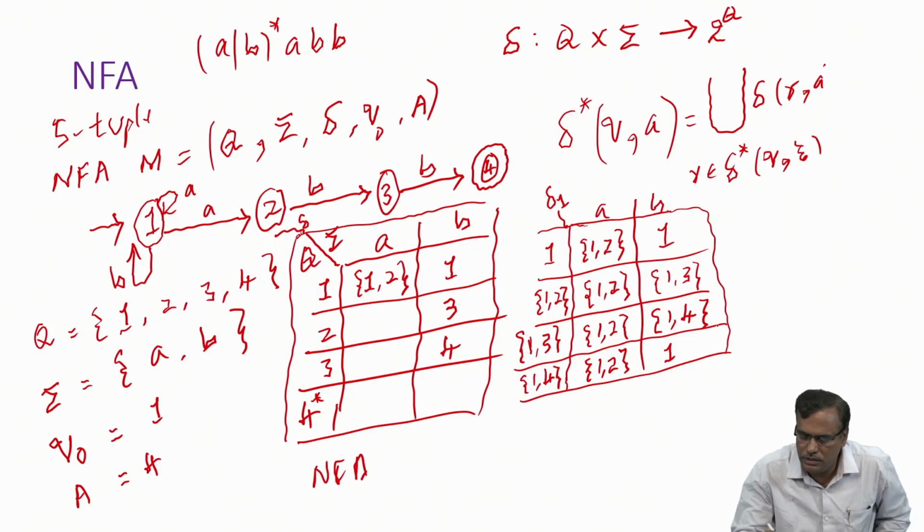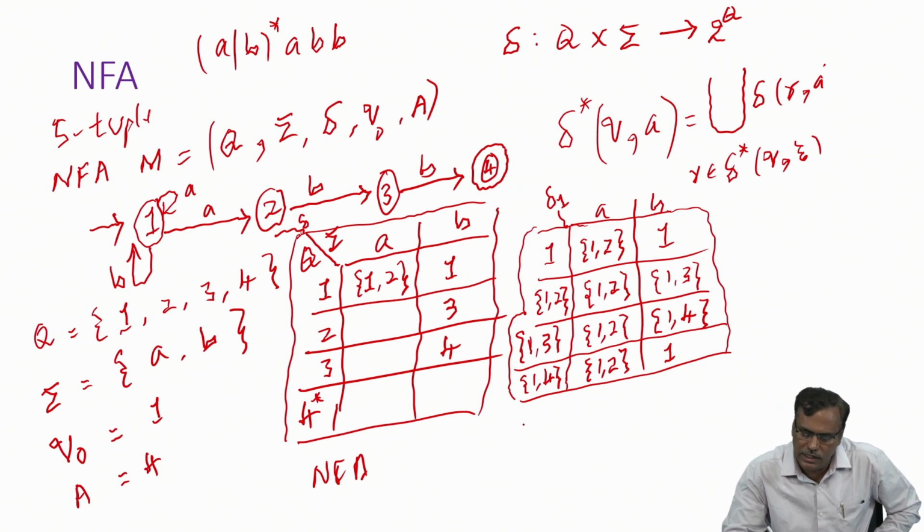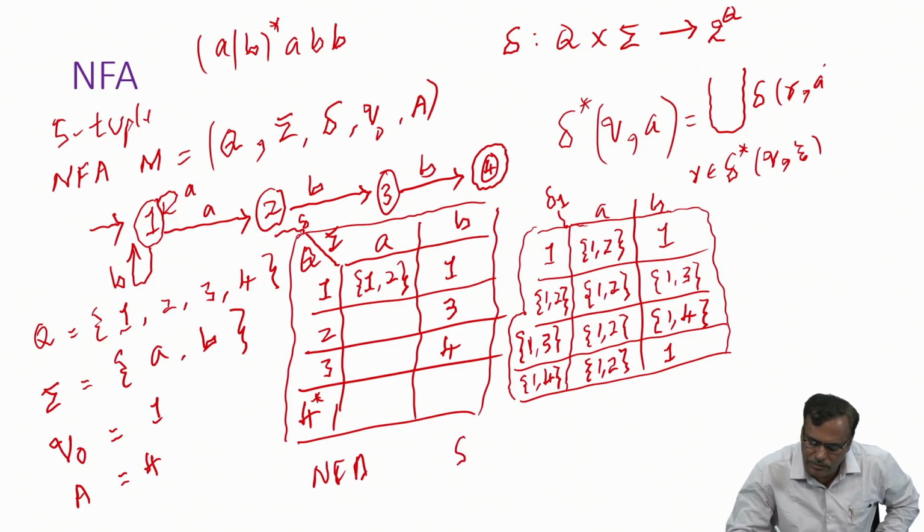So this is delta 1, this is delta. So I can state it in this fashion. Delta 1 of Q, A is what? That is the DFA, right? Delta 1 of Q, A is what?